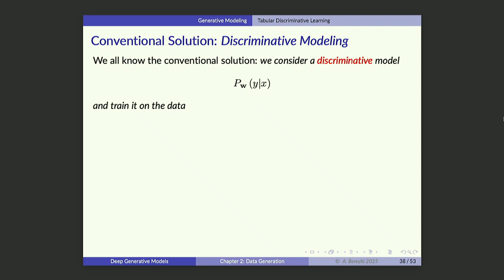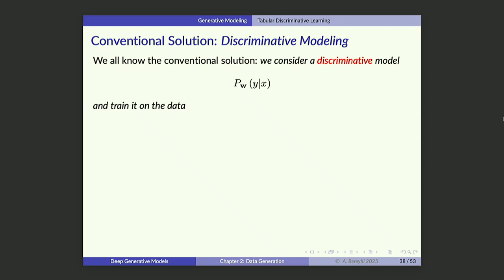So in old days, when people had not enough computation power, they were always looking for the simplest possible algorithm, right? And what is the simplest possible model that you can think of for this discriminative task? You want to do binary classification, and you want to think about the simplest possible model.